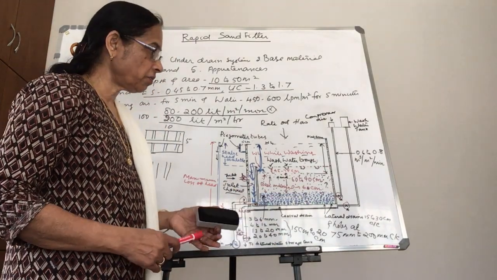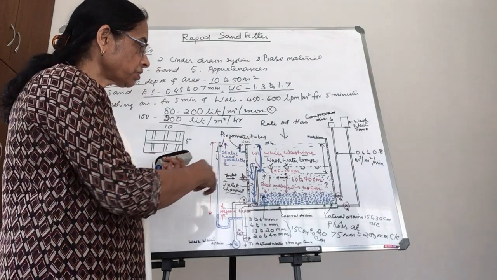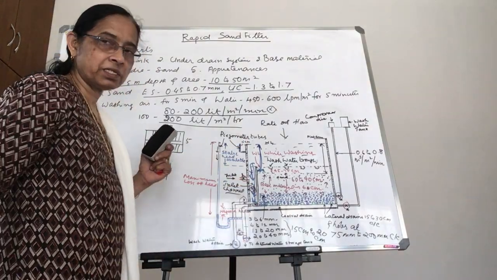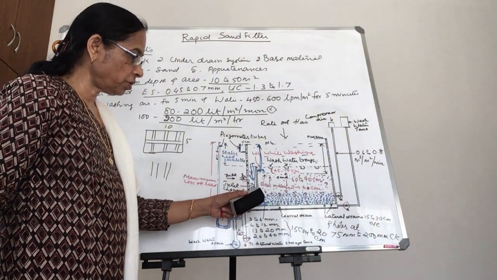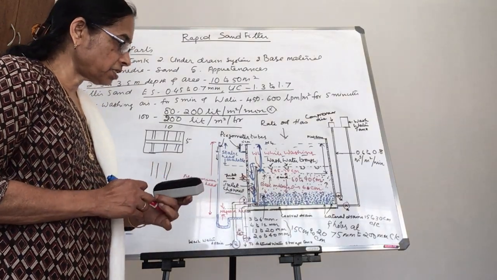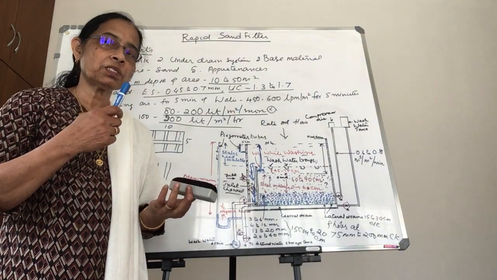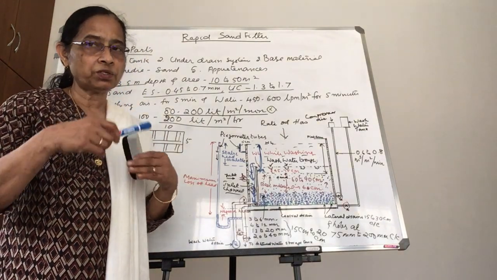Once it has entered the wash water trough, this wash water trough is connected to the inlet channel. As I mentioned, this inlet channel is of dual purpose. One is for inletting the water, and the other is to collect the wash water and let it out.